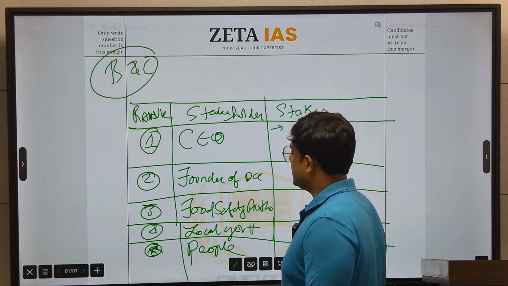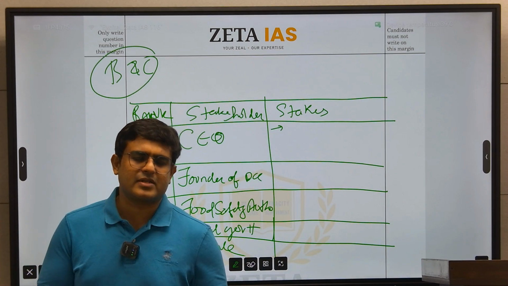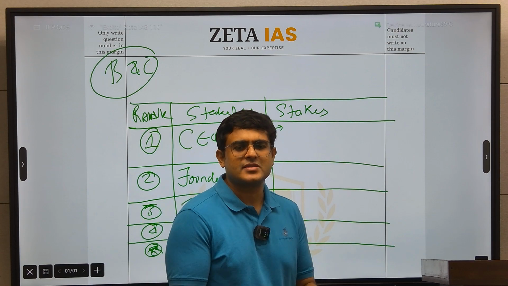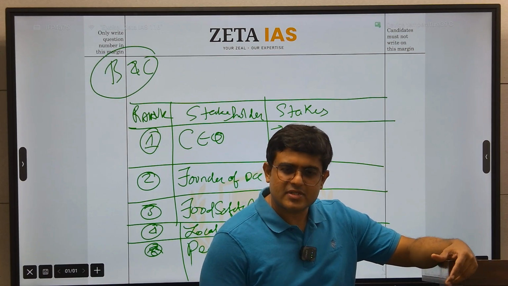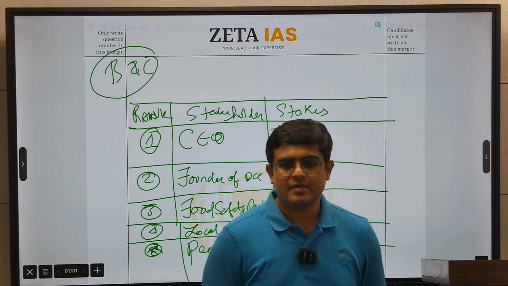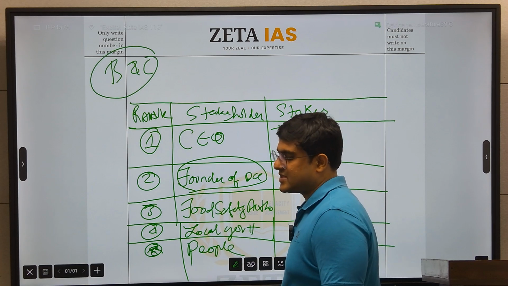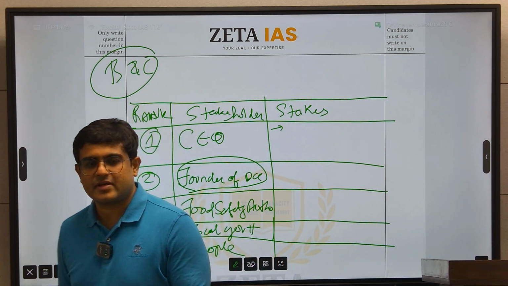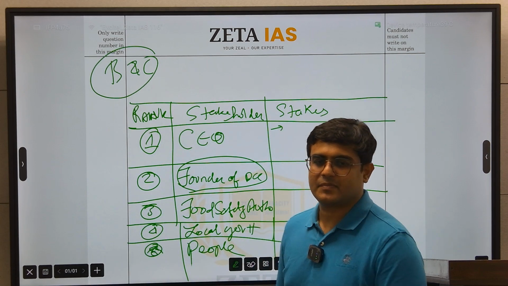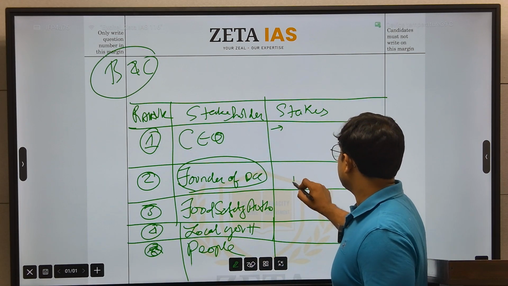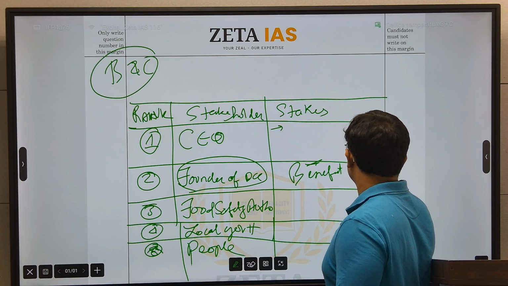So stakes you write: running the company profitably and generating employment, generating profits, being loyal to the founder, being loyal to the company's values. Those are his or her stakes. Now, founders of Delicious Cola, what are their stakes? Yes, maximizing profit for the company, utilitarianism. Greatest good for the greatest number of people. Benefit should be more than cost.